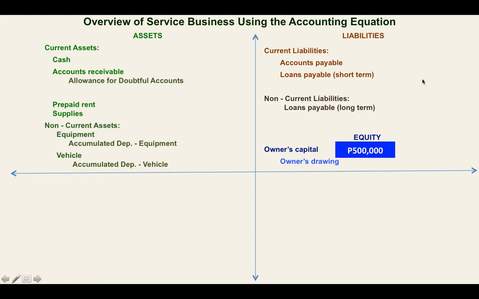Okay, assuming that the owner will secure a loan of 150,000 from the bank. So in effect, 650,000 can be used by the business, or can be used as startup for the business. So here, if these are all cash, then the business will have a cash of 650,000.